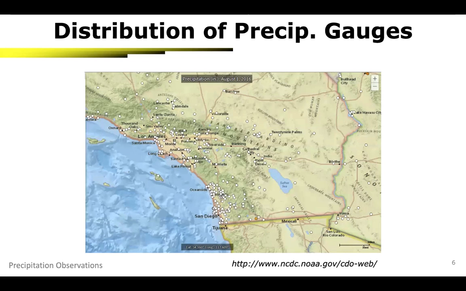It might be precipitation as well as temperature, wind speed, like other parameters could also be available at those gauges. And so you can see how really sprawled out these gauges are. It's not like you have an observation every 100 square feet, right? It's very scattered.